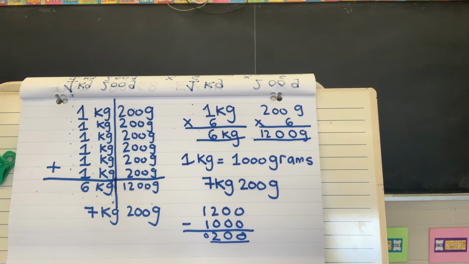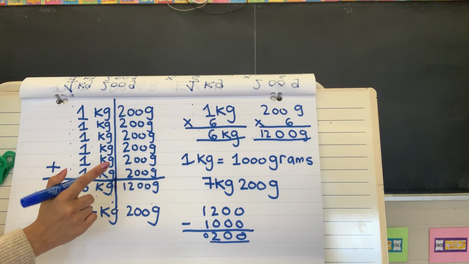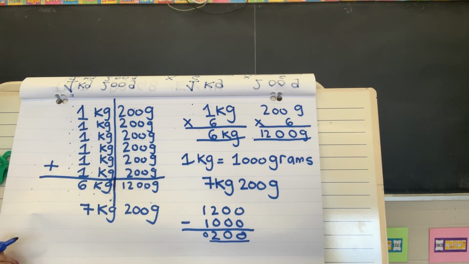Okay, now let's move to dividing compound units. So this was just our multiplying our compound measures. Now we are going to look at how do we divide compound measures. Okay, so this was part 1 of this lesson, and this lesson is for exercise 41.